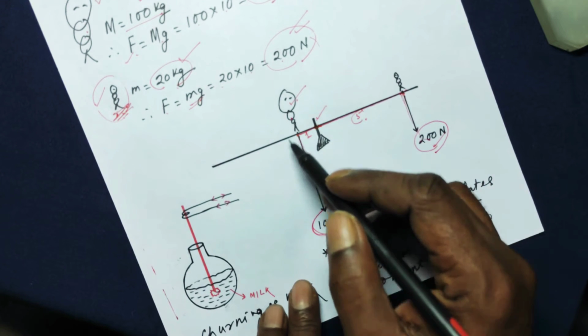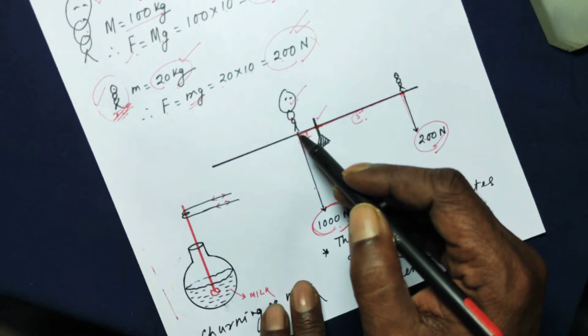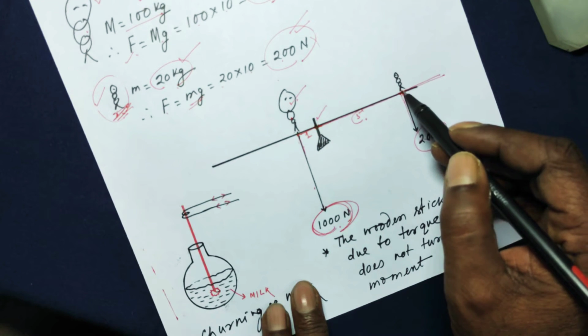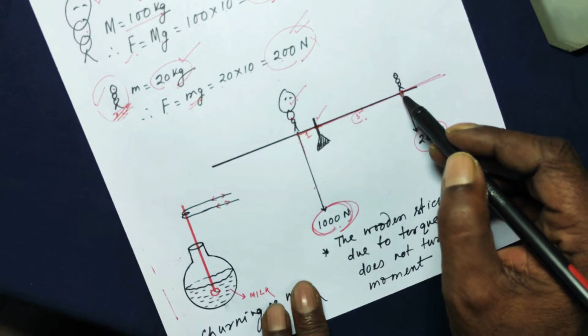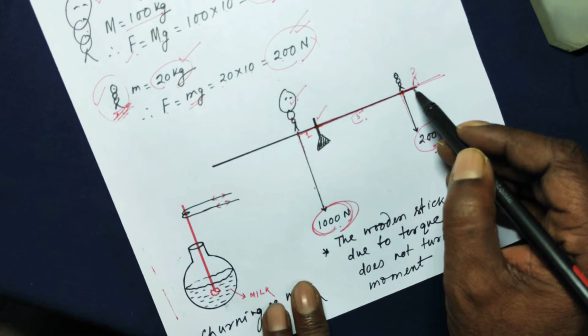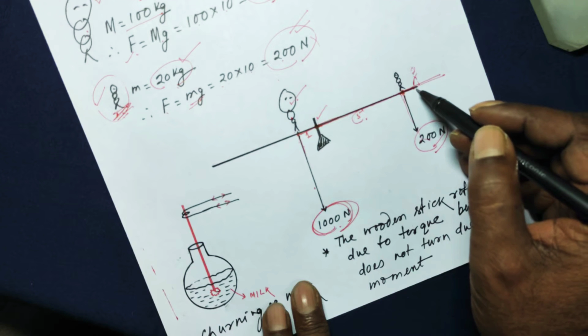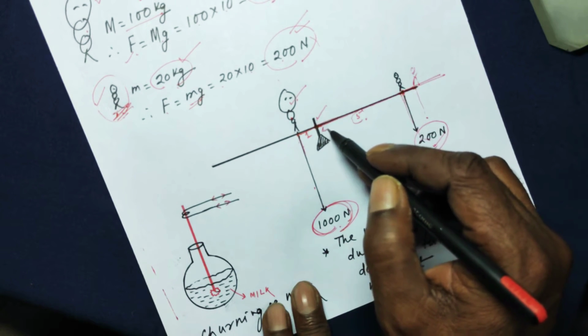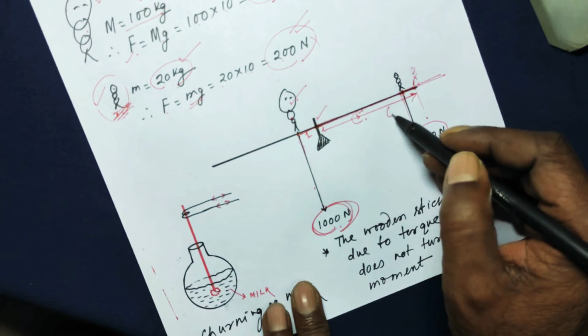So in order to defeat him, that is to push him up, he has to increase the distance. Meaning if he sits at a point beyond this point, this length will be more than 5, with his weight 200. Let's say from here to here is 6 units.